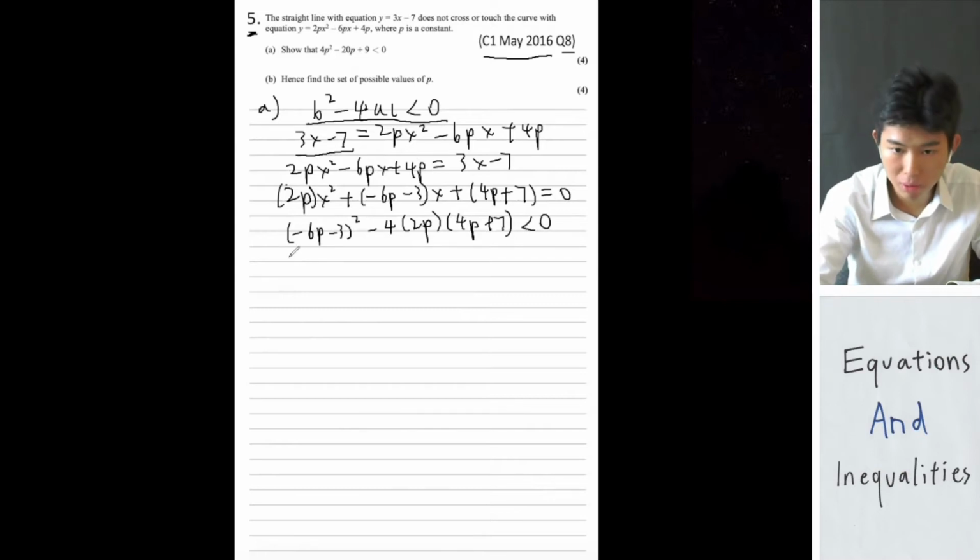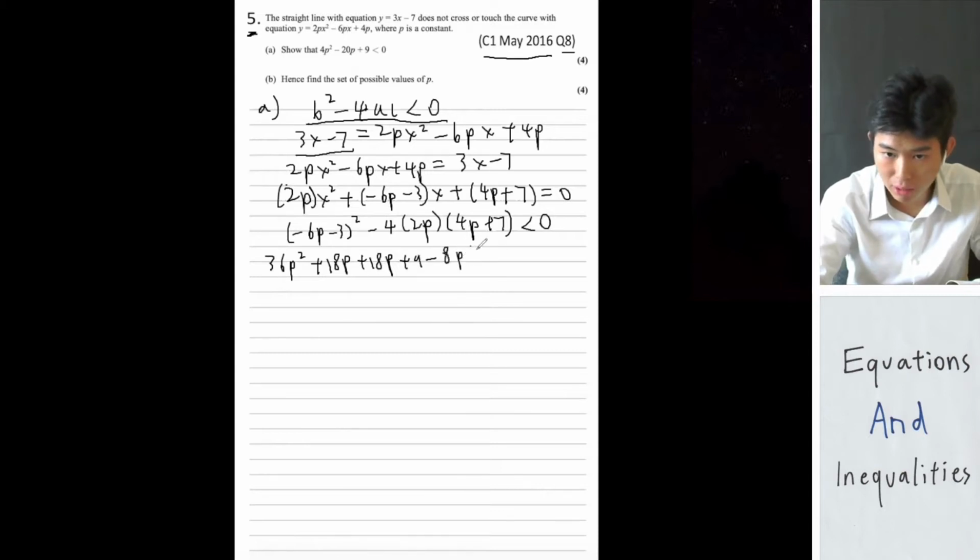So to clean this up, minus 6p squared would be equal to 36p squared. Minus 6p times minus 3 would be plus 18p. And minus 3 times minus 6p would be plus 18p. And minus 3 squared would be plus 9. Minus 8p times 4p plus 7, smaller than 0.